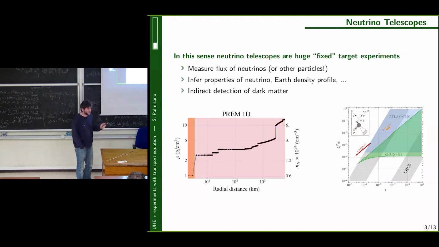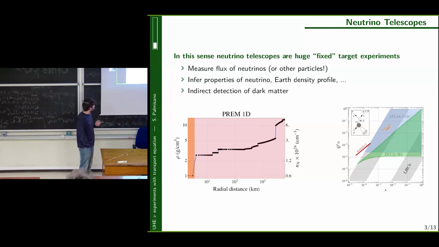In some sense, neutrino telescopes are like huge fixed target experiments. So a neutrino arrives, there it functions as a slab of material in which it can convert to stuff, mostly muons for what we're interested in. And then you measure in the detector something out of it, which we'll discuss.